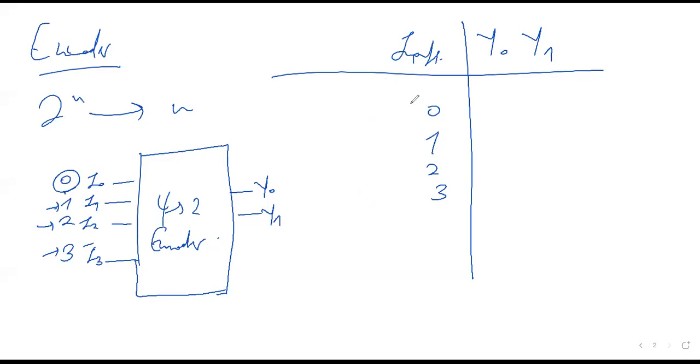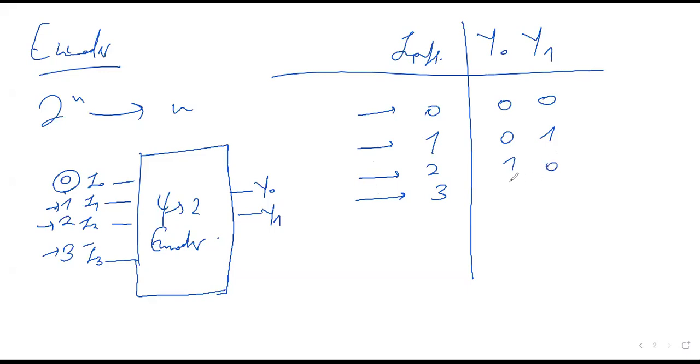Decimal number 0, decimal number 1, decimal number 2, decimal number 3. I want to show the application of an encoder. I have 4 inputs. What the encoder will do is code. For 0, the output will be 0, 0. Here 0, 1. Here 1, 0.